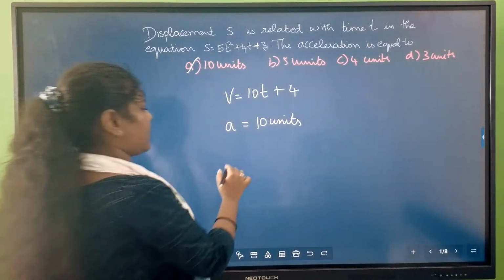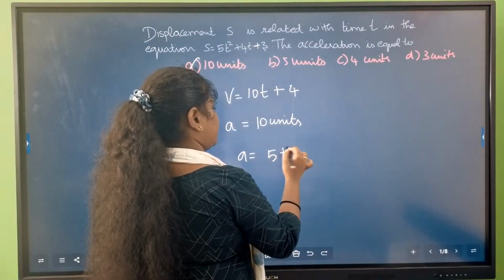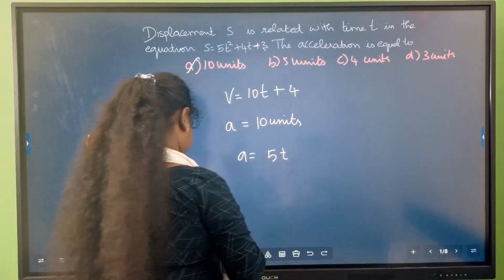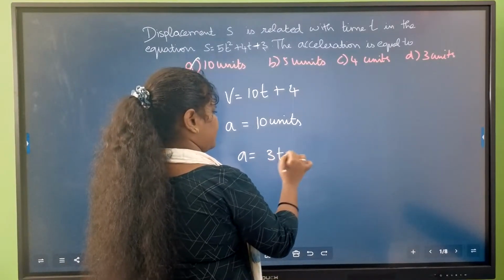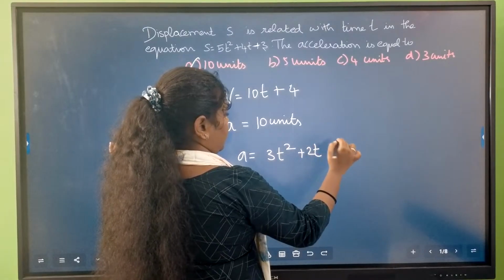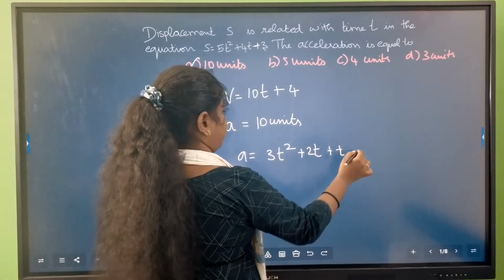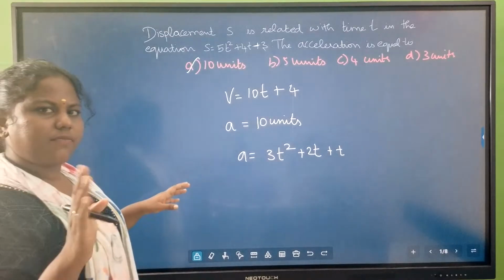See, what if it is reversed? If we are given, let me make it simple, 3t square plus 2t plus 1 as the acceleration, and they ask you to find velocity.